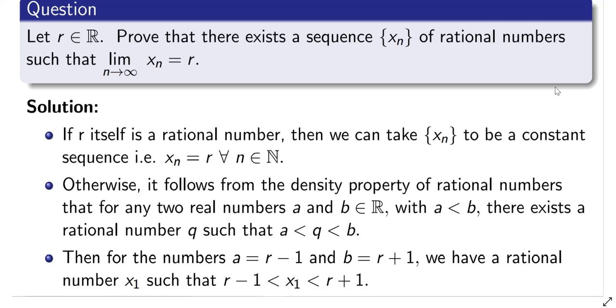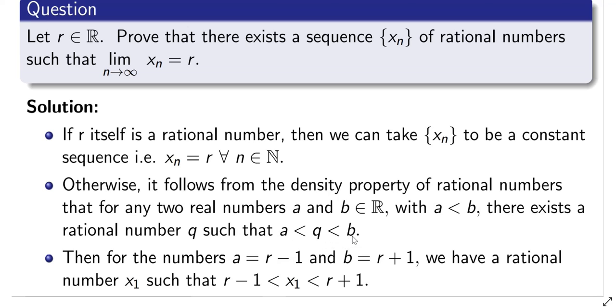It requires one thing, and you must know the density property of rational numbers: if a and b are two real numbers such that a is less than b, there exists a rational number q such that a is less than q less than b.